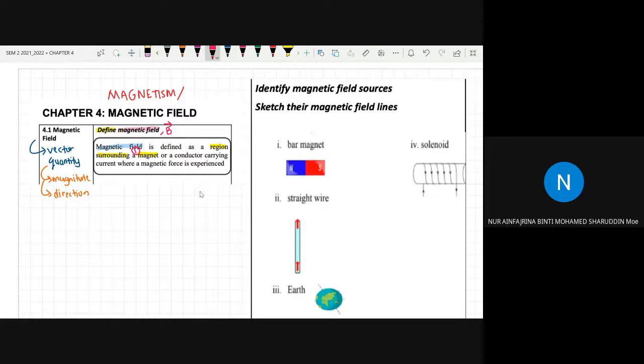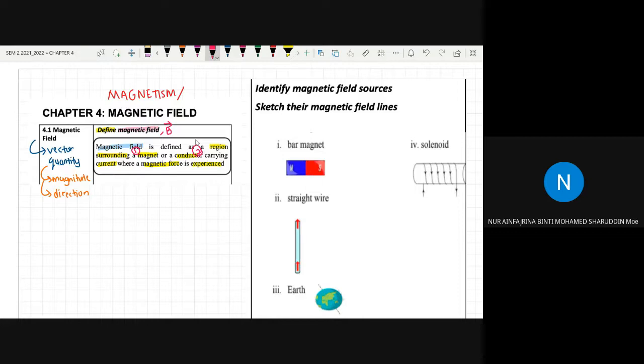And or a conductor carrying current where a magnetic force is experienced. Ataupun awak ada wire dan wire itu, okay, conductor lah. Contoh untuk conductor adalah wire. Dan wire itu membawa current. Okay, membawa arus. Bila dia membawa arus, maksudnya akan ada magnetic force. Okay, maksudnya dia akan ada magnetic field di mana akan ada magnetic force.